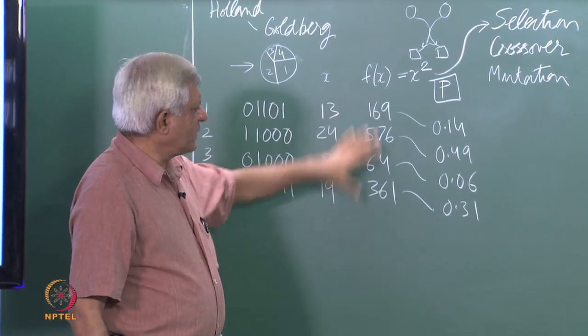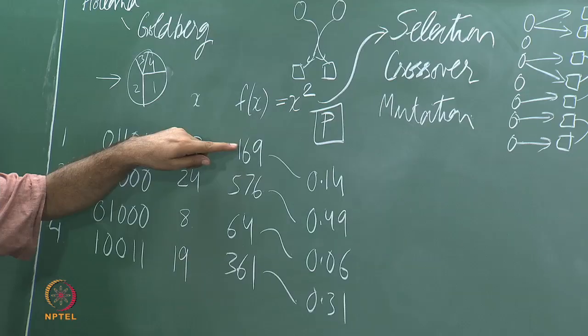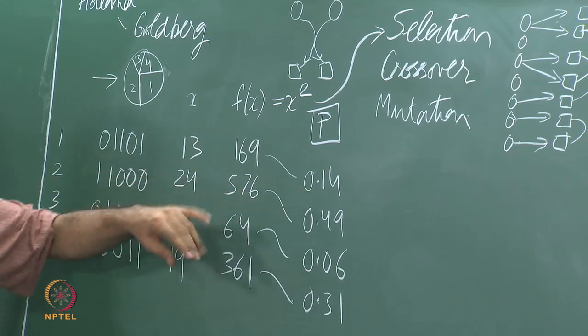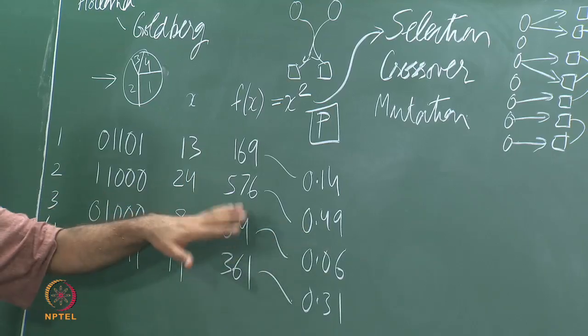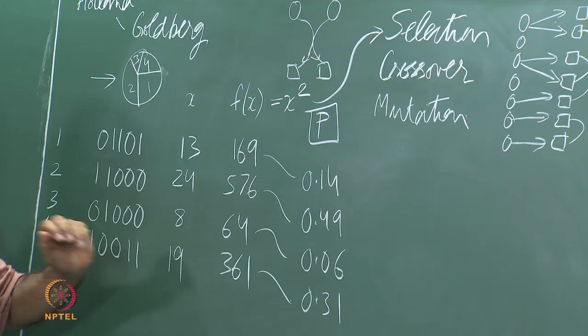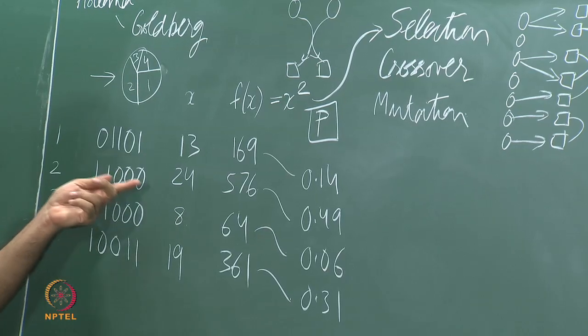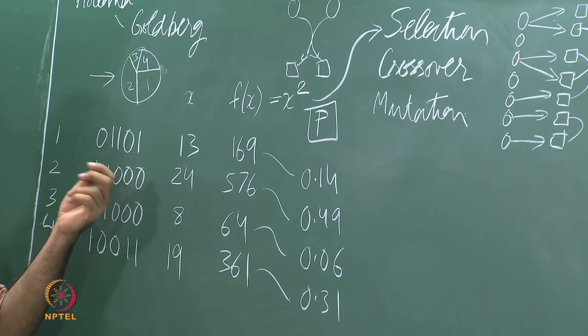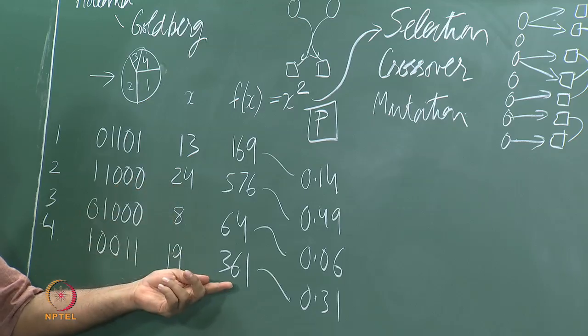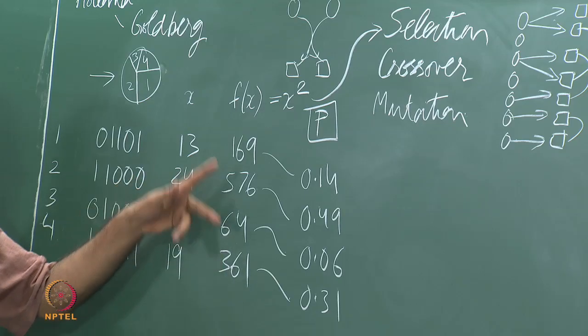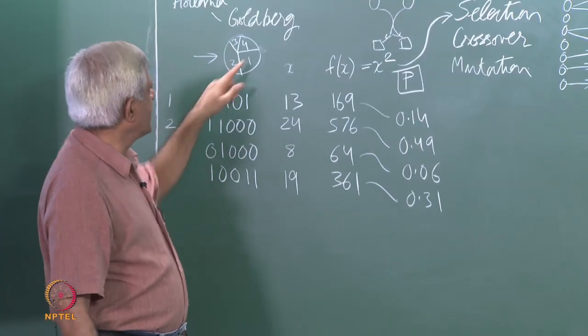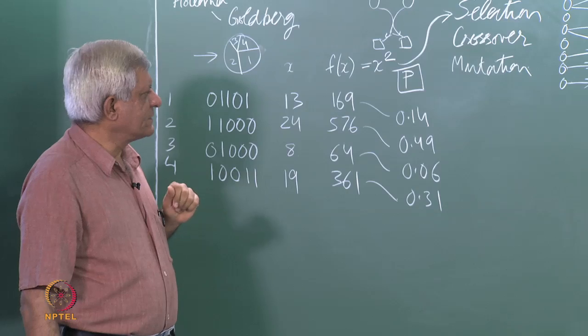Basically, you sum up these 4 numbers, and then this divided by the sum is 0.14, this divided by the sum is 0.49. So, that is how you get the probability values, which means that every time you spin this roulette wheel, the second candidate has about 50% chance of being reproduced, this candidate has about 30% chance, and these 2 candidates have a little less chance essentially, because that is how the areas are divided.